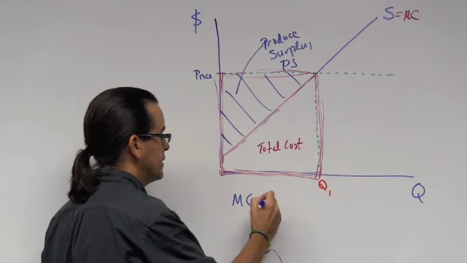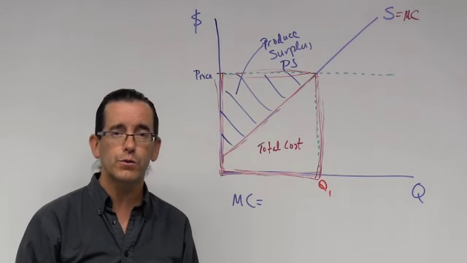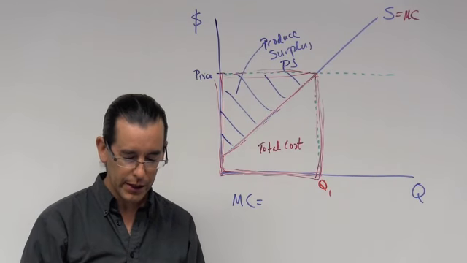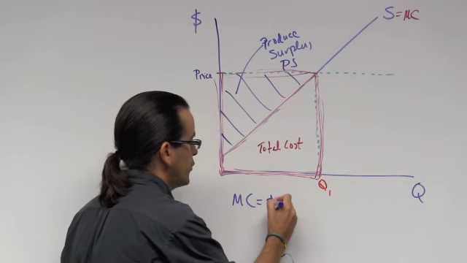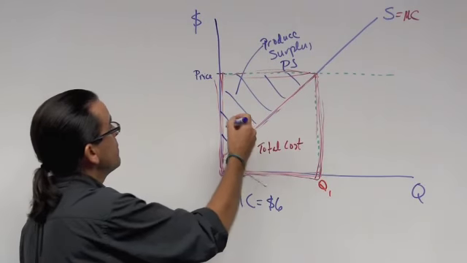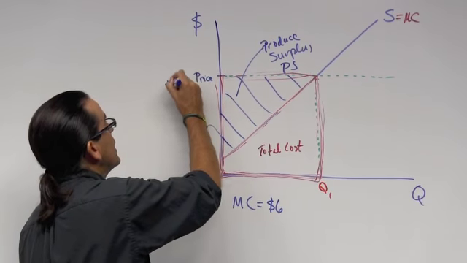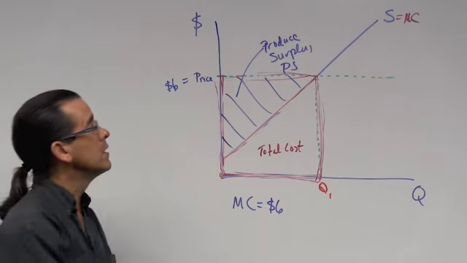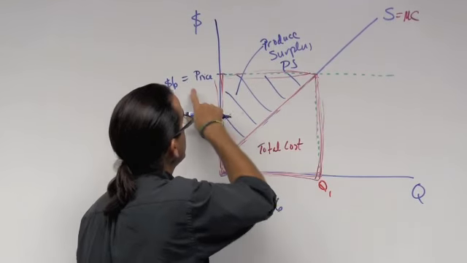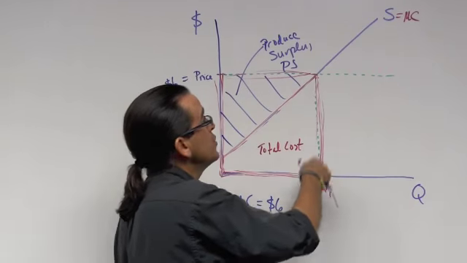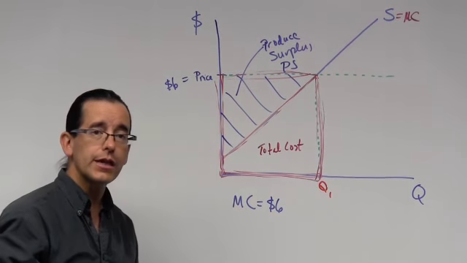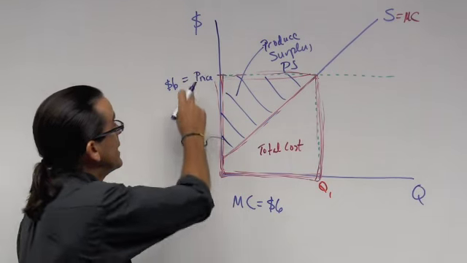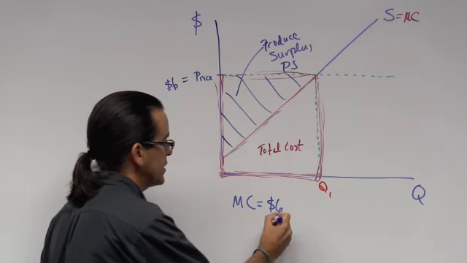Like we did in the previous video on consumer surplus and marginal benefit, I want to go through an interpretation. Let's say the price is $6. The supply when the price is $6 is going to be this Q1, and it's the same thing as saying the marginal cost is $6. What's the interpretation?